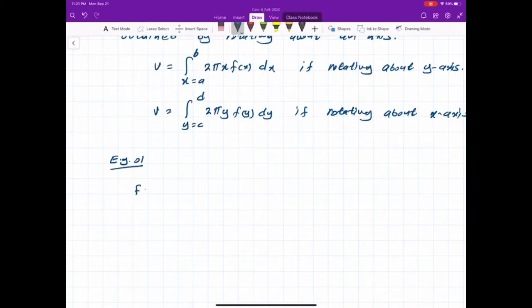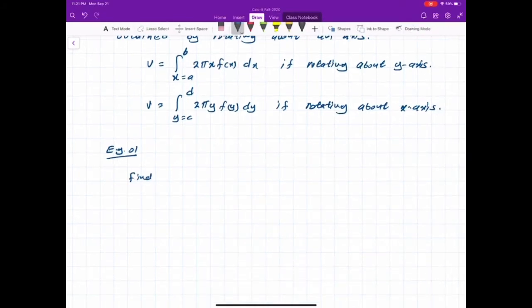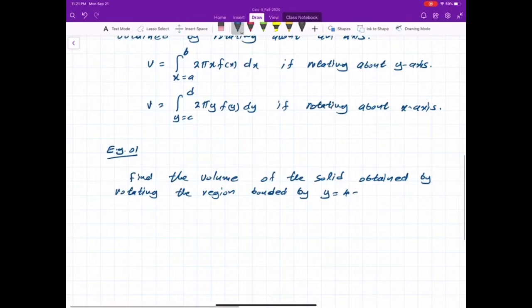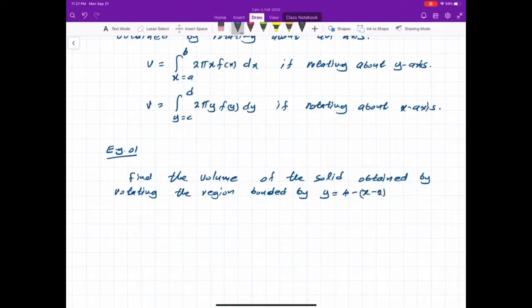Find the volume of the solid obtained by rotating the region bounded by y equals 4 minus (x minus 2) squared and y equals 0 about the y-axis.